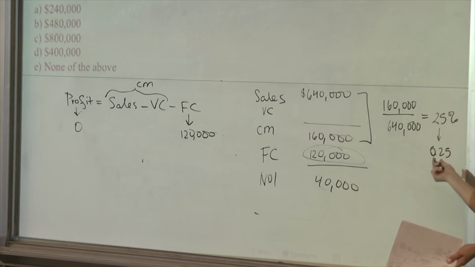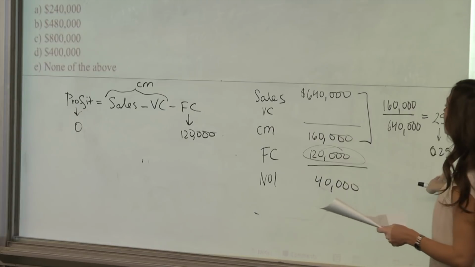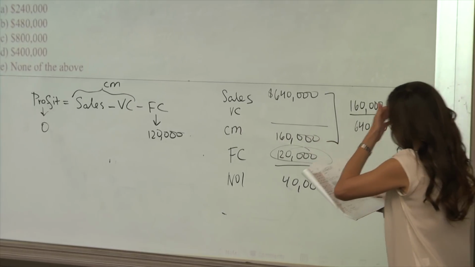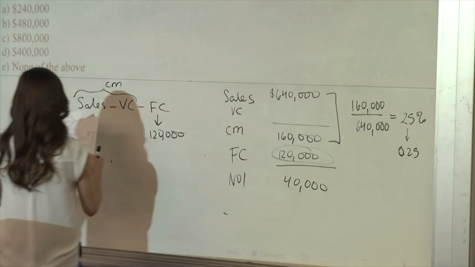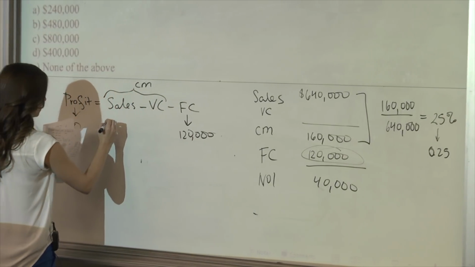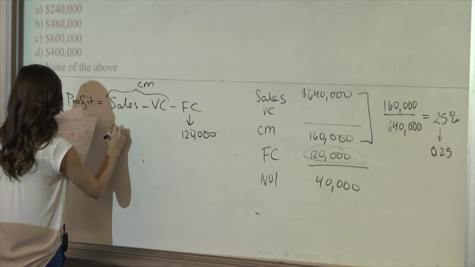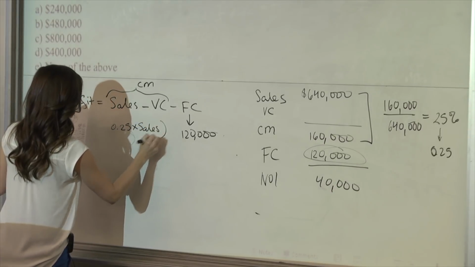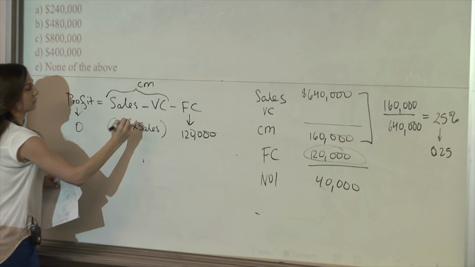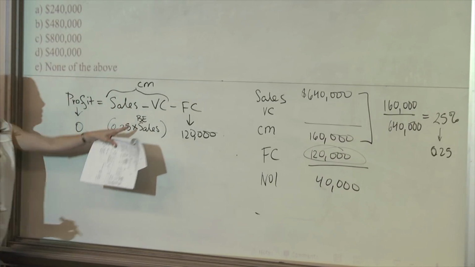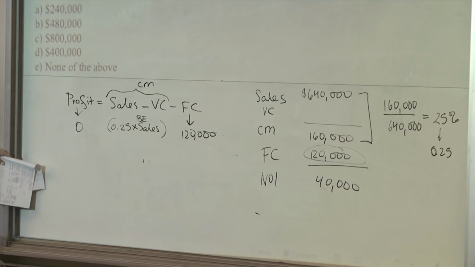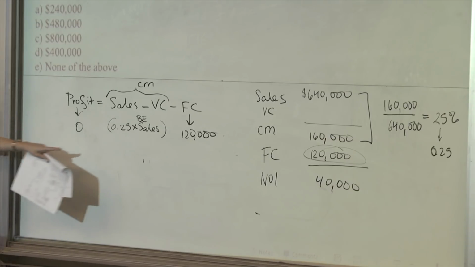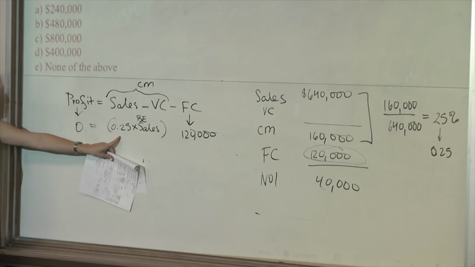Just as a percentage of sales, the contribution margin is always going to be 25% of sales. So I can specify here, these are the break-even sales. If I solve for this equation, I'm going to get the break-even sales because I know that this is always going to be 25%, the contribution margin.